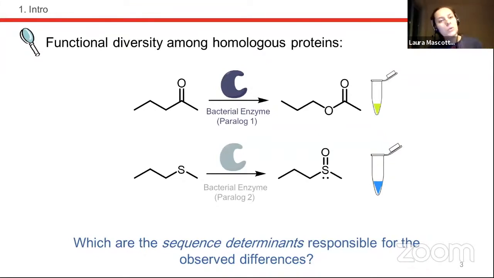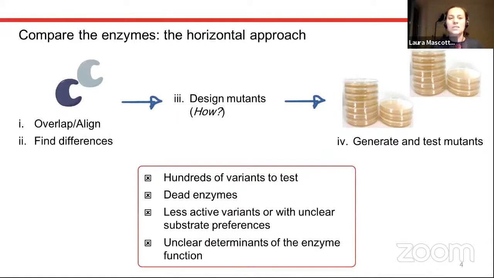Our classic approach in general in biochemistry is the horizontal approach. That means to compare the two enzymes themselves, so it could be their 3D structure or their sequences, and try to find what is different between them, and then to design mutants. How to design mutants is a whole big field, and you can take very different paths, but in the end, you will end up generating and testing different mutants.